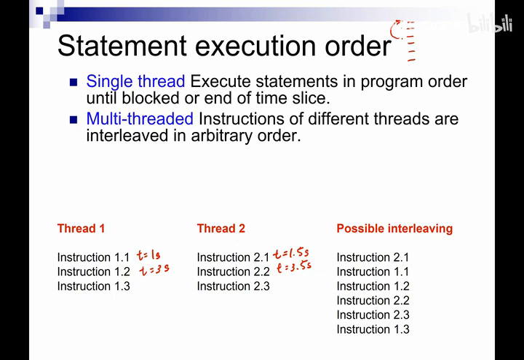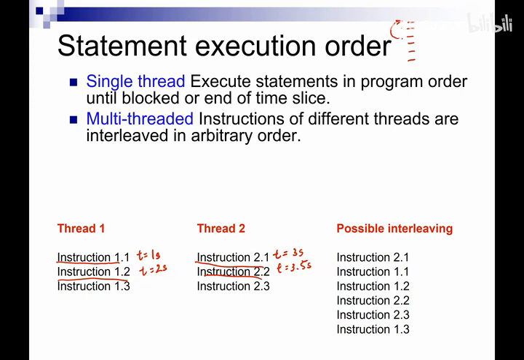So physically, this instruction happens first, and then this one, because it happens at 1.5, and then this one, and then that one. Now of course, there's no fixed order that these instructions happen in. They can interleave in any order. For example, maybe this instruction actually happens at 3 seconds, and this one over here happens at 2 seconds.